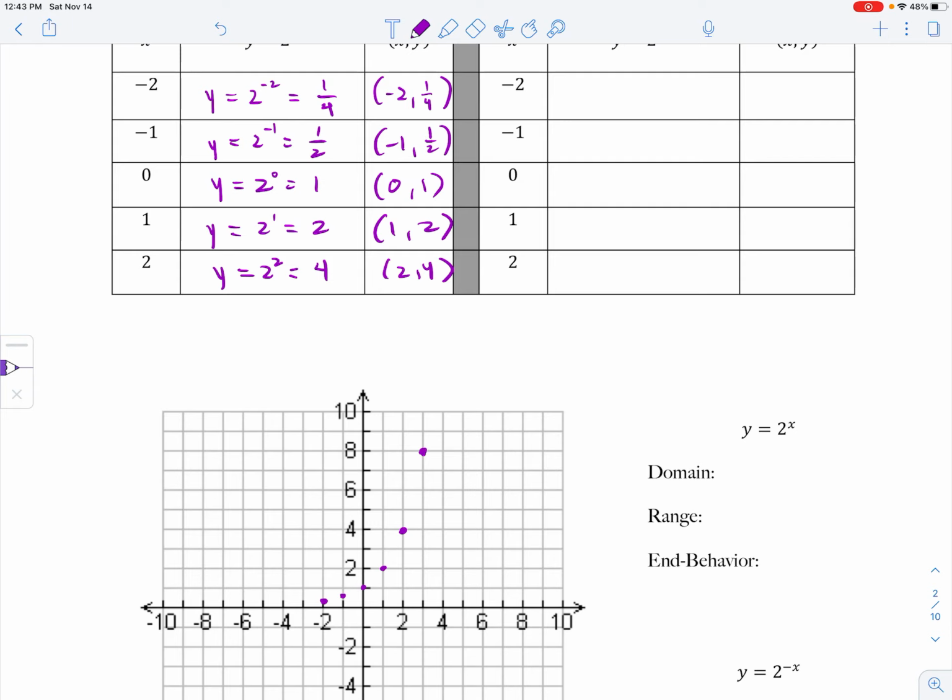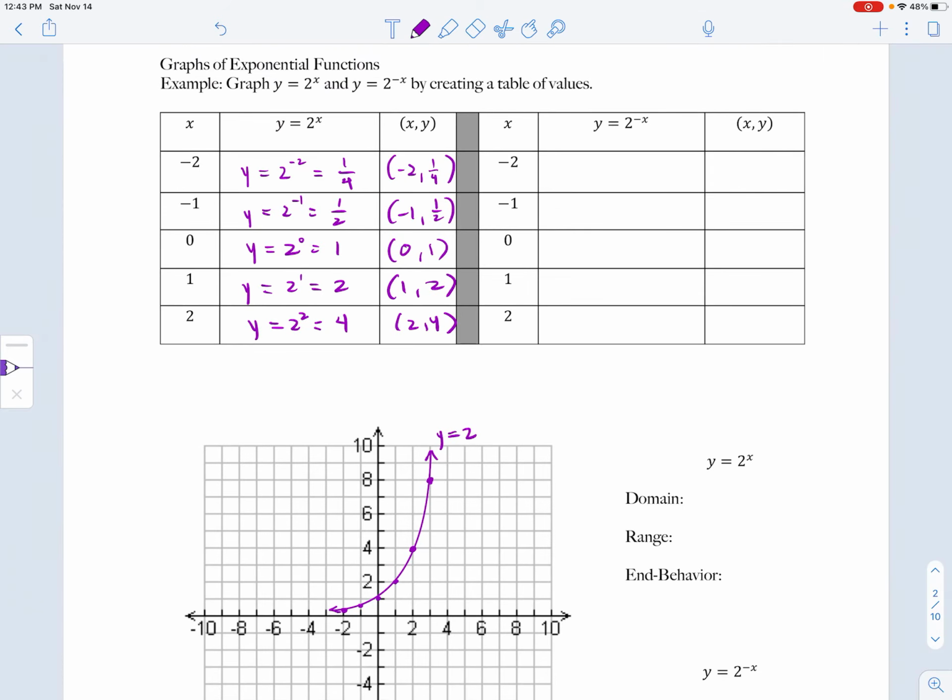If I were to continue on, if I plug in 3, 2 cubed is 8. So that would be a sketch with some points of the graph of y equals 2 to the x power.